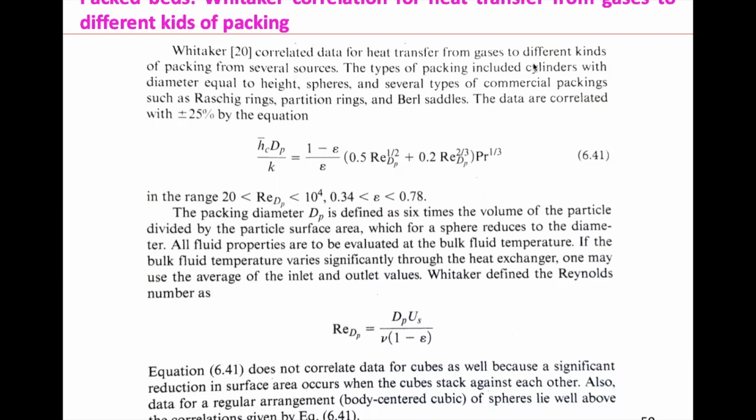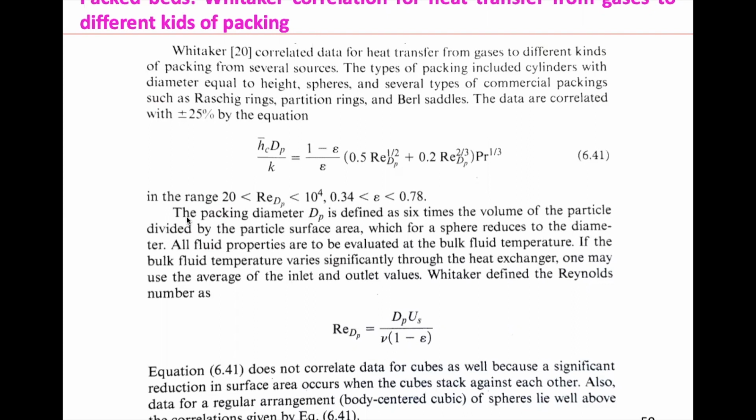What are the packings included to evaluate this equation? Cylinders with diameter equal to height, spheres, Raschig rings, partition rings, and Berl saddles. The range of Reynolds and void fraction where you can use the Whitaker equation is given in your textbook.